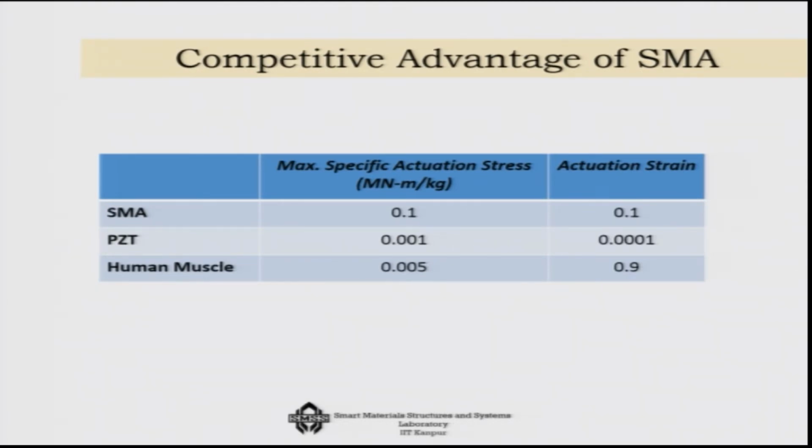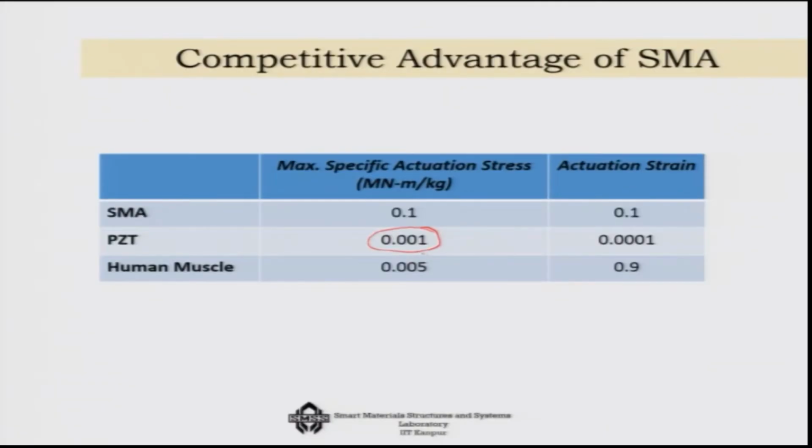Why should we go for this new material? If you look at the actuation stress, piezoelectric material had only about 0.001 meganewton meter per kg specific actuation stress, that means per unit weight. Human muscle is slightly better, about 5 times better than PZT.